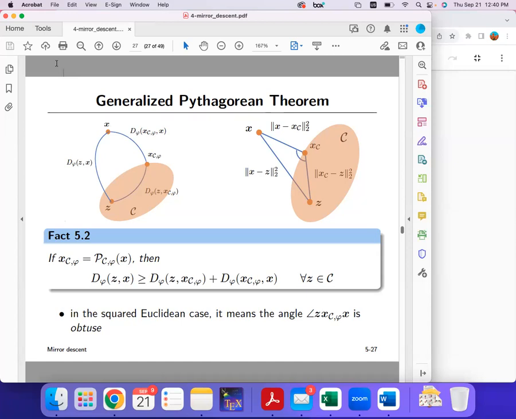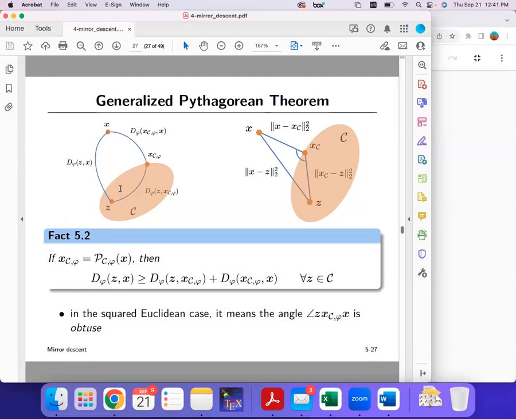And again, this is a generalized Pythagorean theorem. The right-hand side is the Euclidean case, and the left-hand side is the Bregman divergence case.